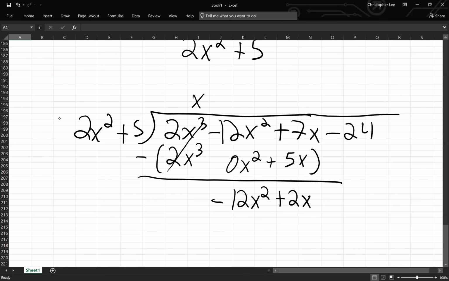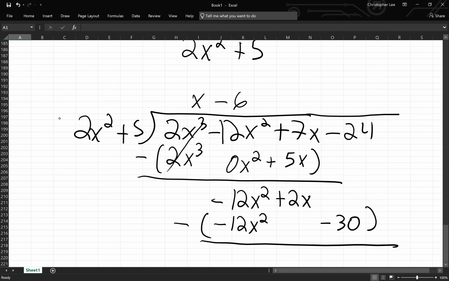Now, 2x squared goes into negative 12x squared how many times? So negative 6, right? Negative 6 times 2x squared gives me a negative 12x squared. Negative 6 times 5 is negative 30. And then I'm going to subtract these.